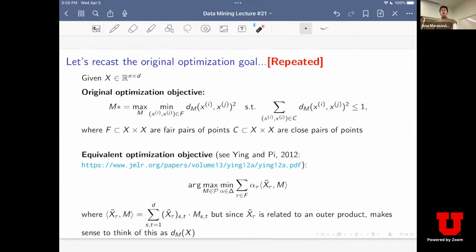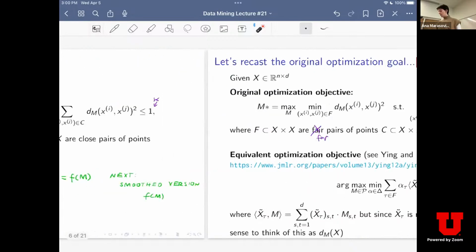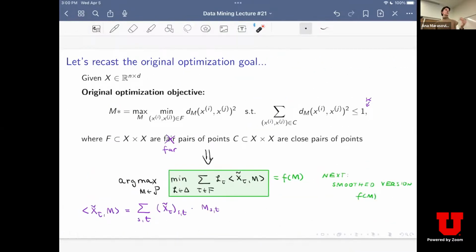To recap what we have done so far, we have our main optimization problem, the one that's general for any kind of distance metric learning. We have found an equivalent optimization procedure, and to be able to use a technique for optimization that I will introduce in a second, we have also needed to smooth out this function f here. The smoothed version of that function f comes from that paper.